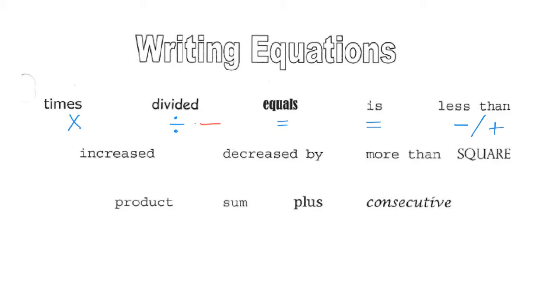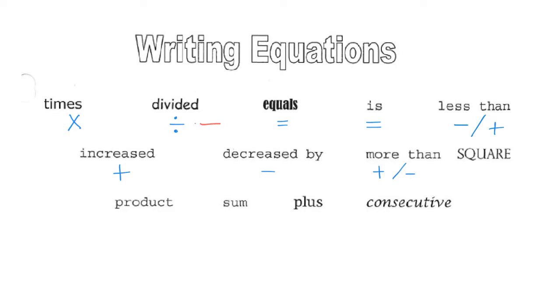Okay, we see increased. Increased is also a comparison, but tends to lead more towards a positive. Decreased by tends to also deal with a subtraction. More than comes in on your less than, so we're often looking at something that could be an addition, but possibly a subtraction.